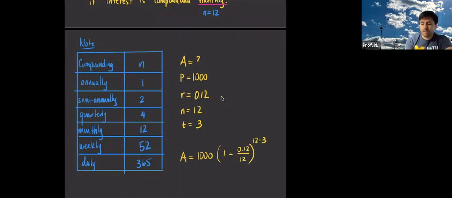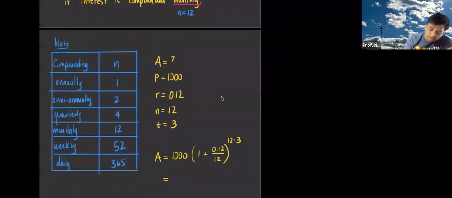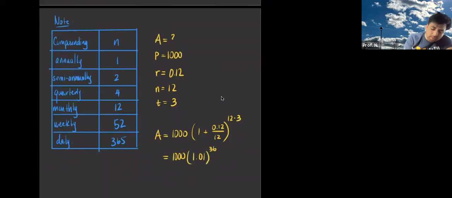I plugged in everything into my formula. And so let me just write the base out. If I do 0.12 divided by 12, and then add this to 1, I get 1.01. So the base here is 1.01, and A is 1,000 times 1.01. 12 times 3 is 36.